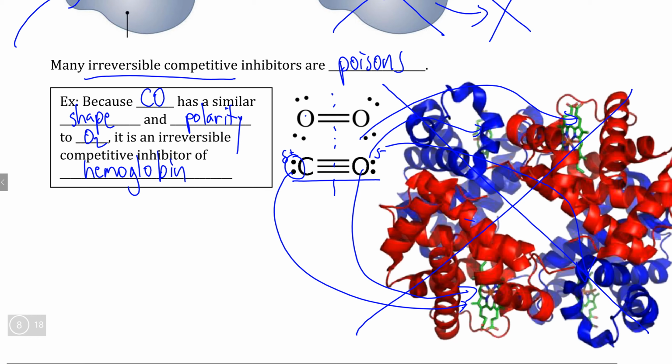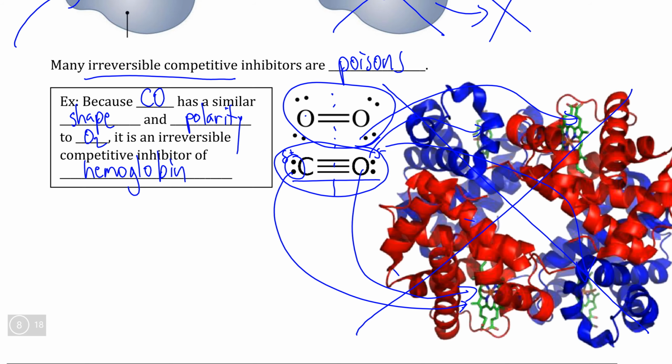And this is devastating for humans and anything else that requires oxygen, because if all of your hemoglobin becomes blocked by carbon monoxide, you have just lost your ability to transport oxygen, and therefore you have effectively killed yourself by a lack of oxygen.